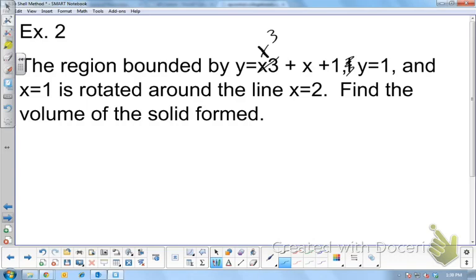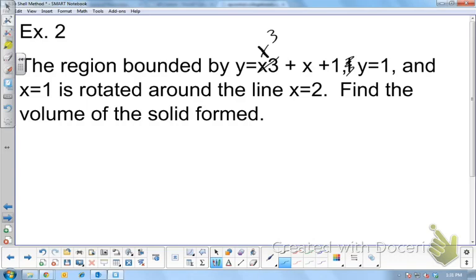So now we're no longer rotating around the y-axis, we're rotating around a different vertical line. Again, the shell method is usually better when we're rotating around a vertical line instead of a horizontal line. Disk is usually better when we're rotating around a horizontal line. I say usually because there are instances where you have to do one way, and you couldn't do both ways.